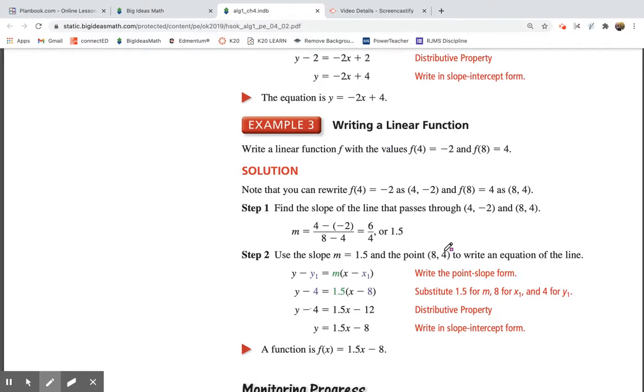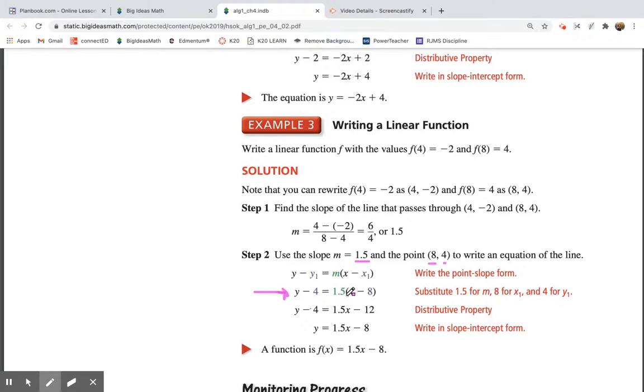That's not our y-intercept, so we have to use point-slope form first. So y minus y1 equals m times x minus x1. So I have y minus 4 equals m times x minus x1. From this point, we solve for y.